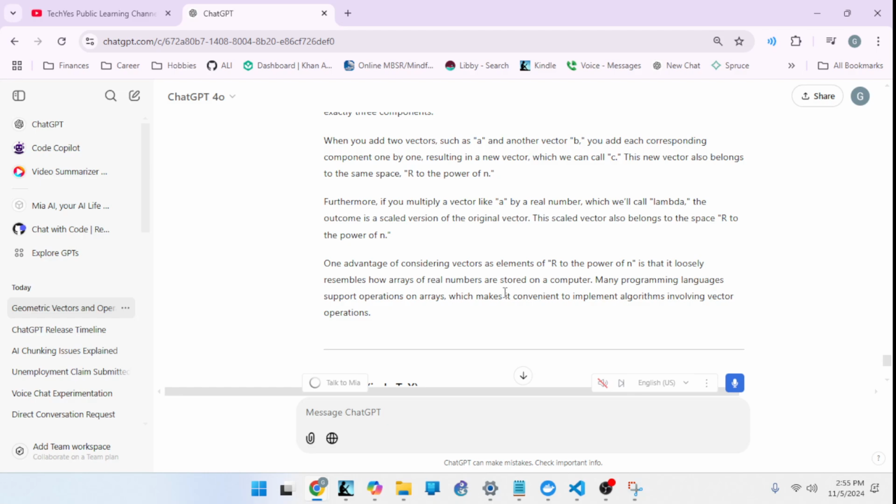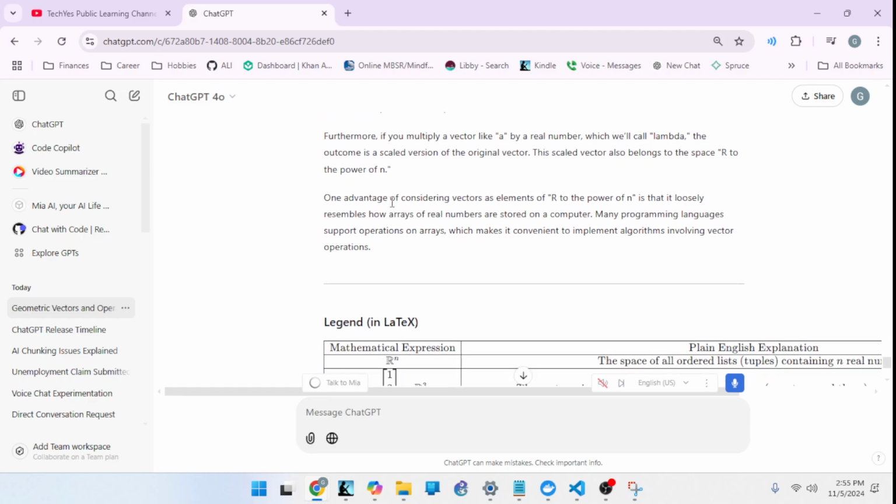Furthermore, if you multiply a vector like A by a real number, which we'll call lambda, the outcome is a scaled version of the original vector. This scaled vector also belongs to the space r to the power of n, and I don't like how that was unpacked, so I will nitpick that.